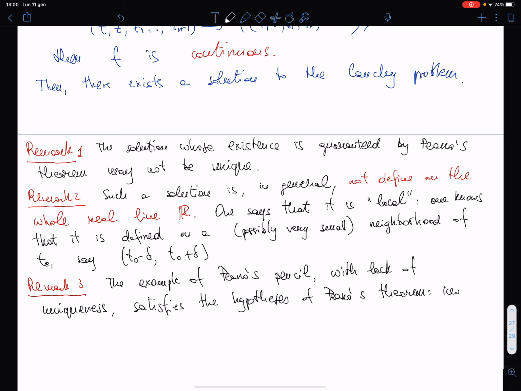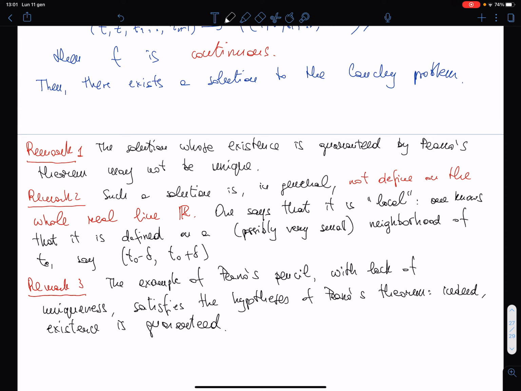Indeed, a solution exists, so existence is not a problem. The problem is uniqueness. Existence is guaranteed. Okay, so this is what I really wanted you to know, because it is quite important.